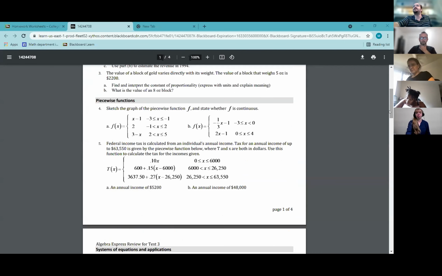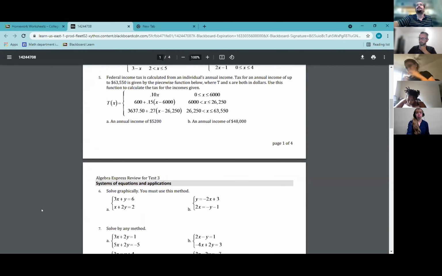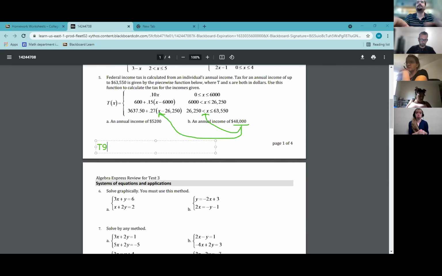There we go. That's the one we're on. Okay, so we're plugging it in. We figured out it's in there. So now we're plugging it into this function to figure out what T of 48,000 is. I'm doing T of 48,000.